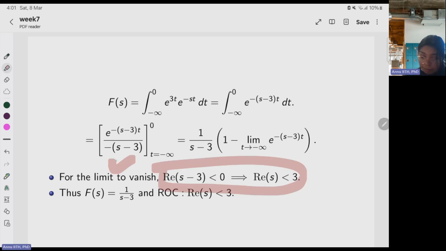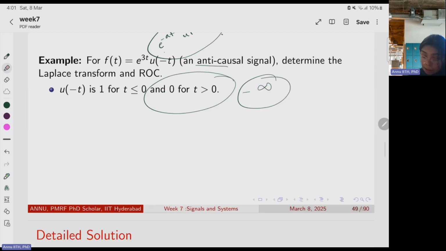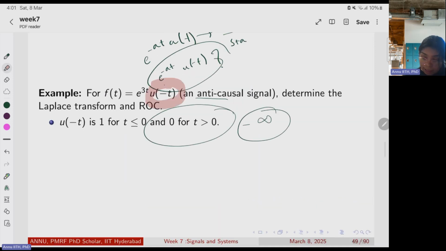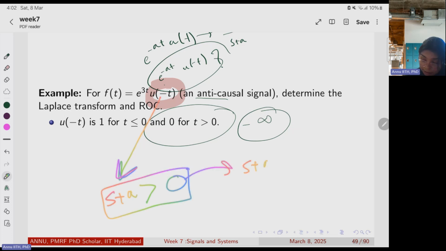Have you seen this anytime before? So this u of minus t, what is it trying to give you? It is not the real part of s greater than a that we always get. It is going to be s plus a less than 0, or whatever plus or minus a.